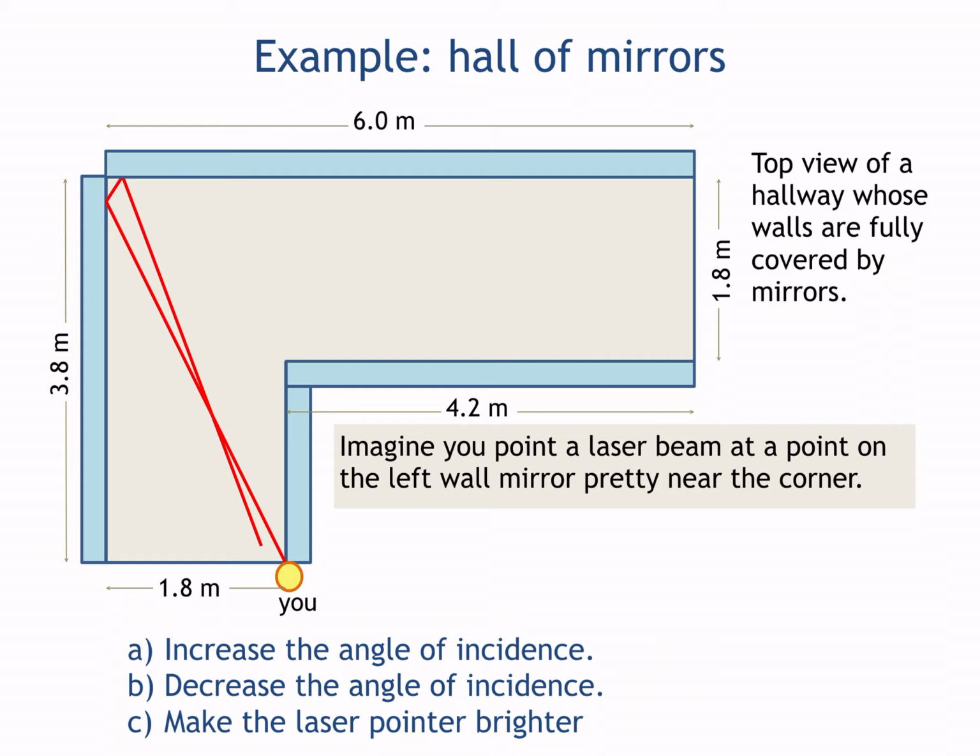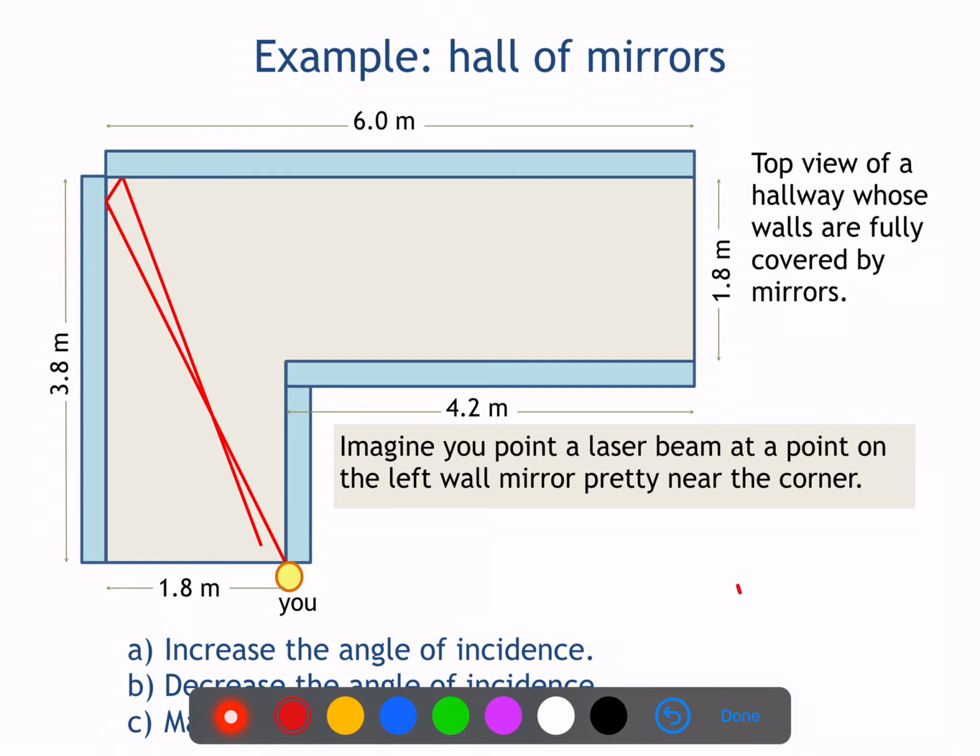Now remember that the angle of incidence is measured from the normal. So if I am decreasing the angle of incidence, I'm making this closer to that perpendicular and further away from here.